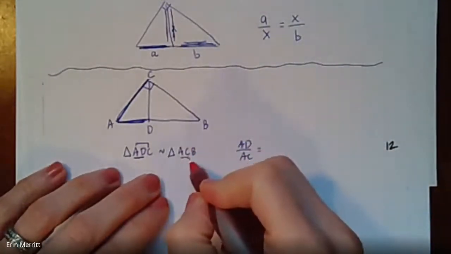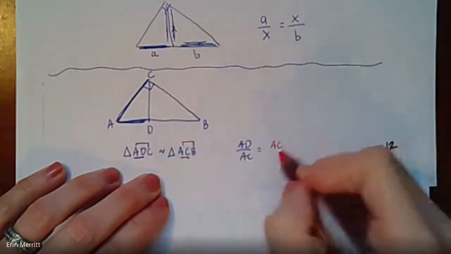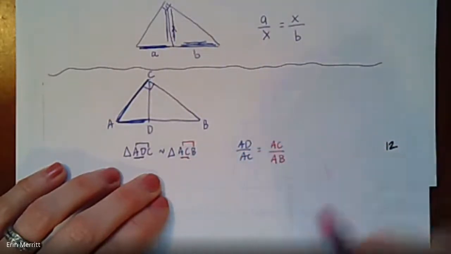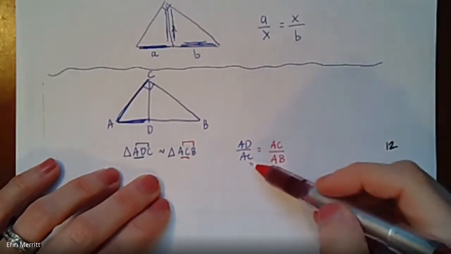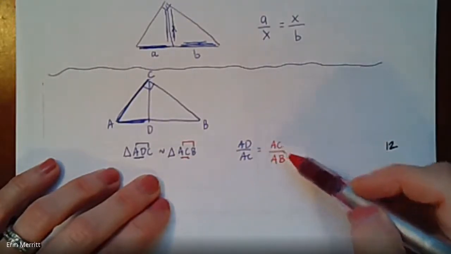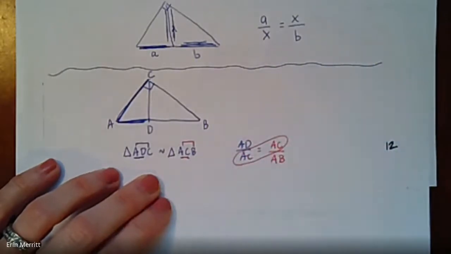So that's the first 2 letters, AC, and then the first and the last, AB. What we start seeing is that AD is to AC as AC is to AB. So here's that same segment being the mean proportional between the other 2.